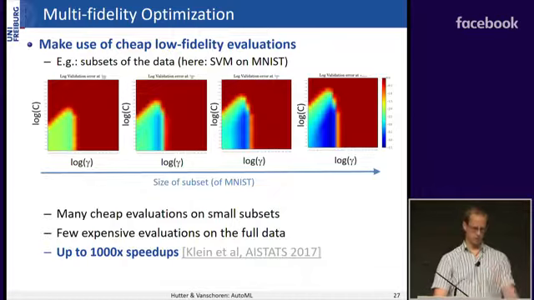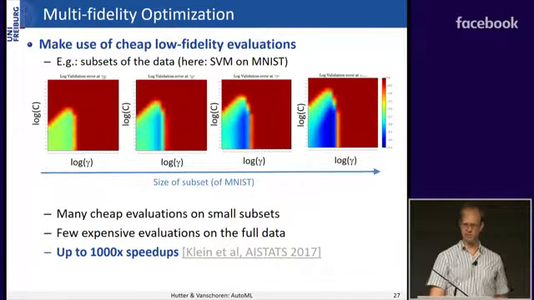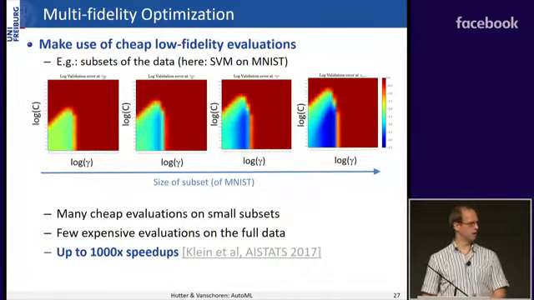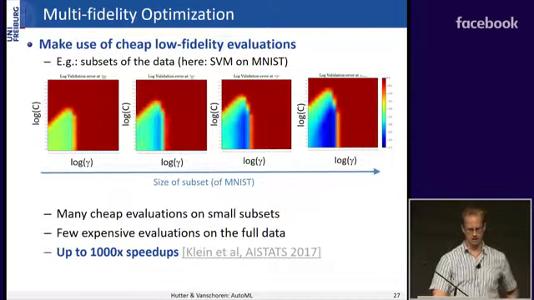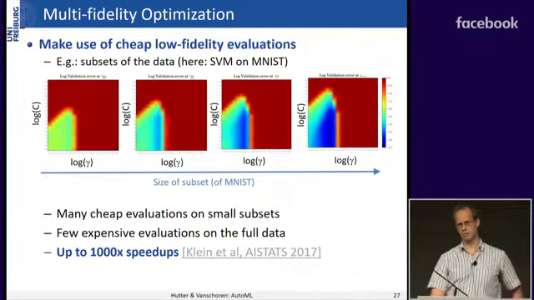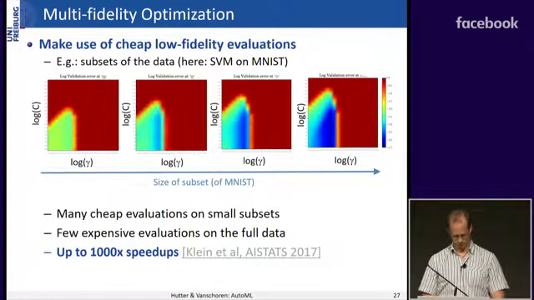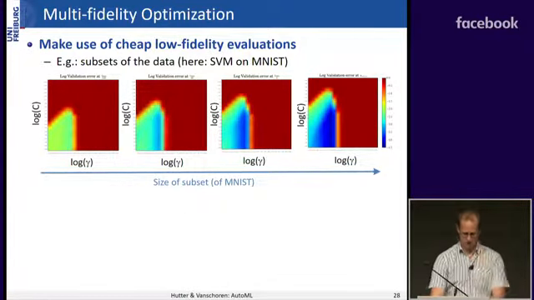So you want to do many cheap evaluations on the small subsets and few expensive evaluations on the large data set. And if you do that, you can actually get up to 1,000-fold speedups over doing Bayesian optimization on the expensive black box function. How do you do that?